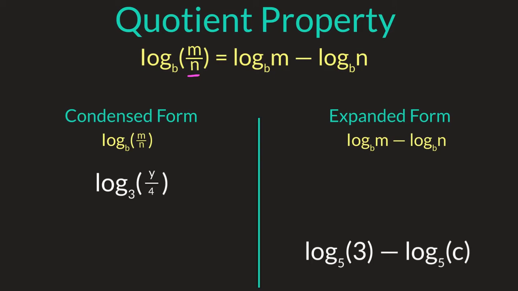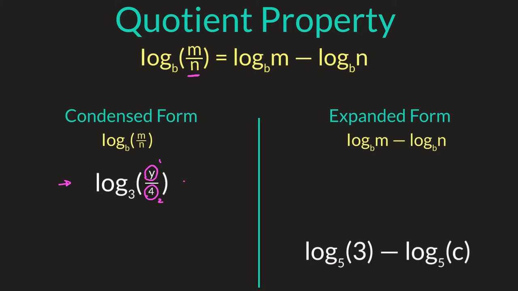So let's get started with our first example down below, our log base 3 of y divided by 4. Let's count our parts. We have the y in the numerator, so I would count that as 1 part. And then we have a 4 in the denominator, that would be my second part. So that means I'm going to write the word log base 3 2 times.